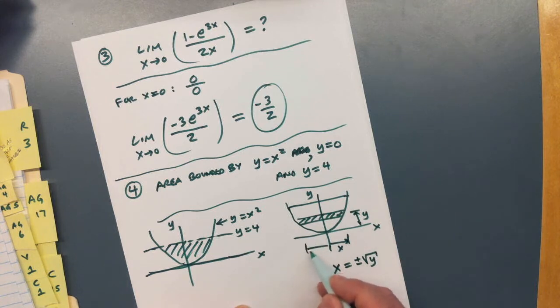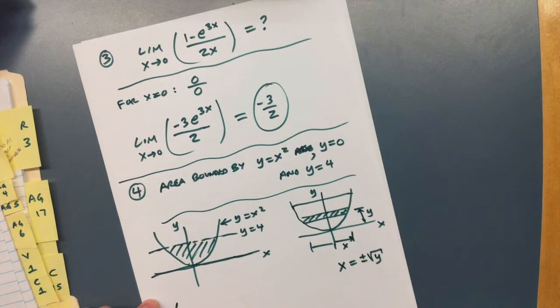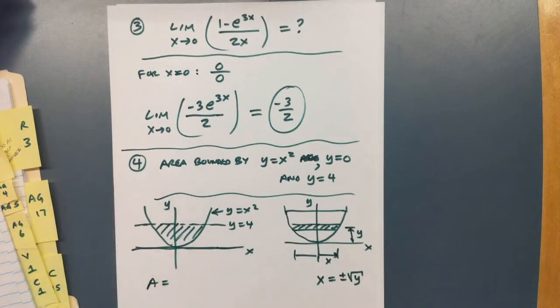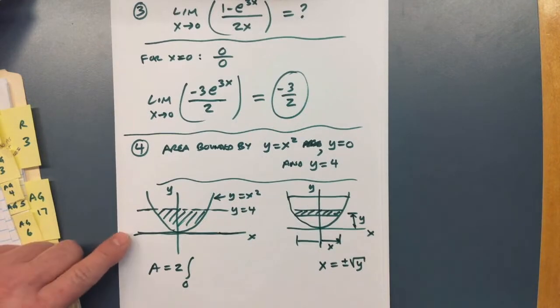And it could be positive or negative. So the area then is, using those horizontal strips, since we have symmetry there, we could do half of it multiplied by 2, so we'll do 2 times the integral from 0 to 4.